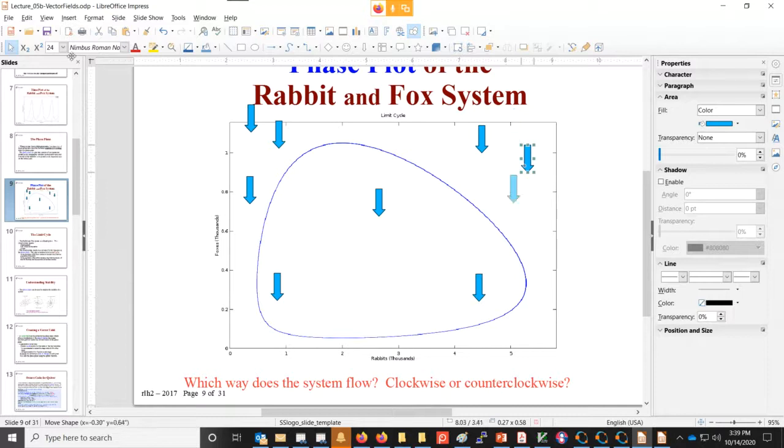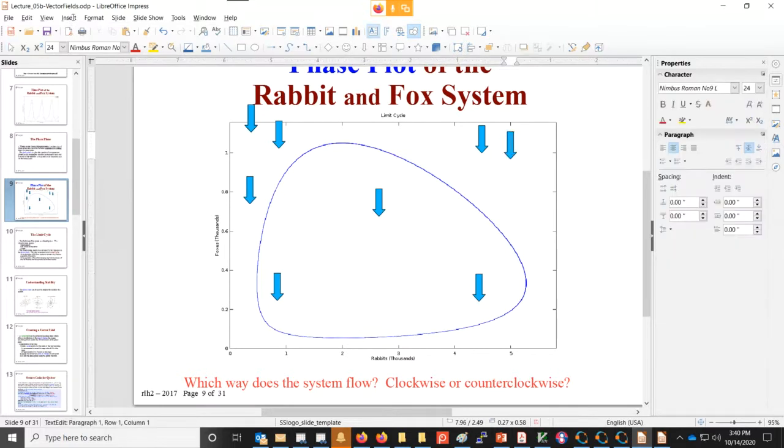And so if we look at the derivatives at these points, even though our population isn't technically at these points, look at this point right here: the population of the rabbits is 5, and the population of foxes is 1. Let me shrink that text down a little bit, it's really big.